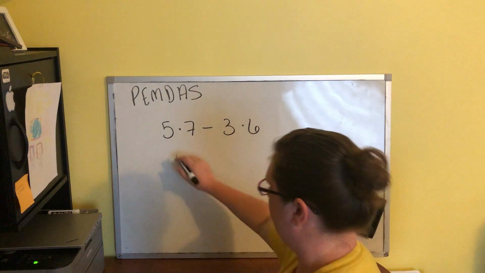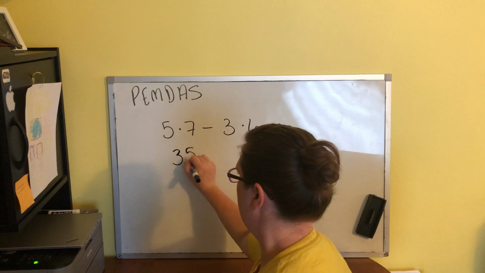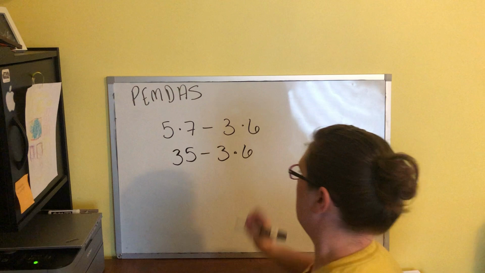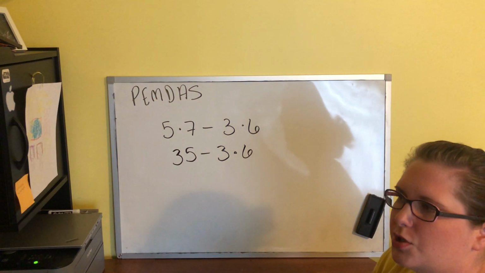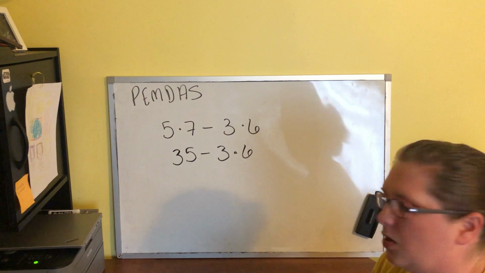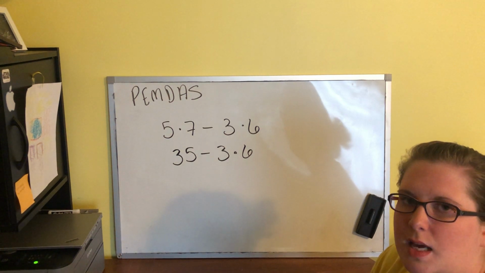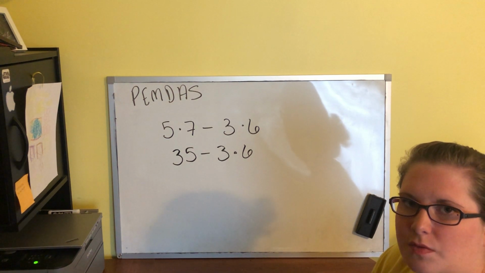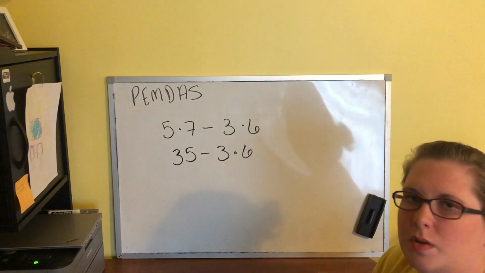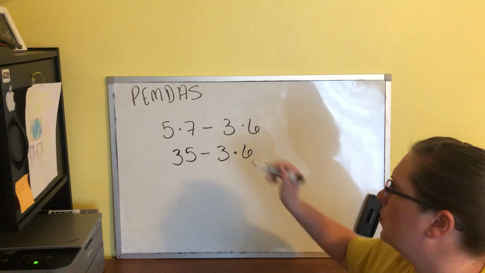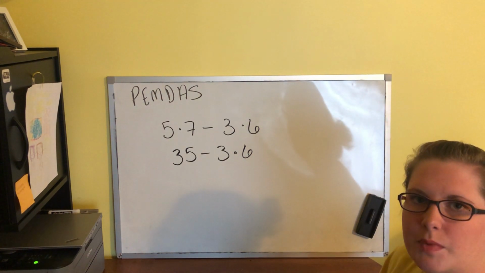So then you would go ahead and do 5 times 7, which is 35, minus 3 times 6. Now I know you could probably go ahead and do the 3 times 6 in the same step. My suggestion with order of operation problems, especially as they get larger, is to do one step at a time so that you don't get something confused and do a completely incorrect step. Also, with doing these problems, take your time in recopying the rest of the problem down, okay?